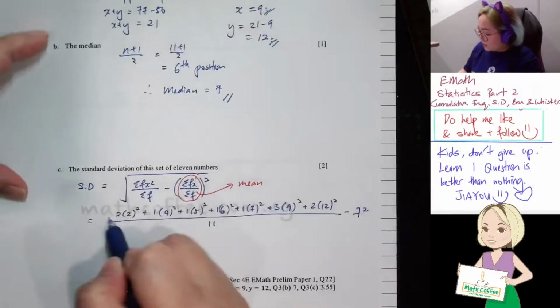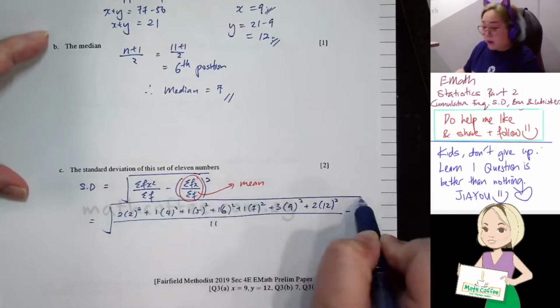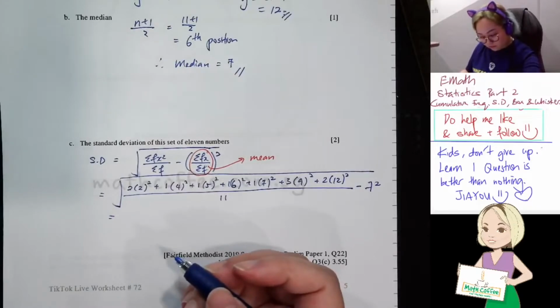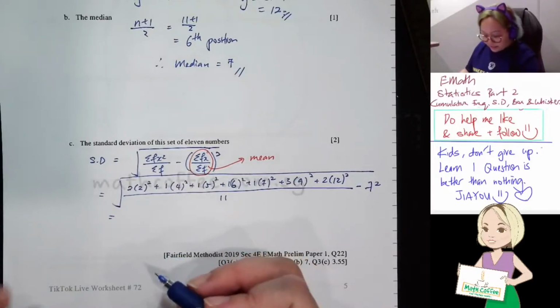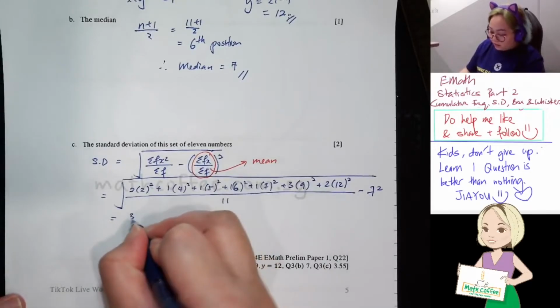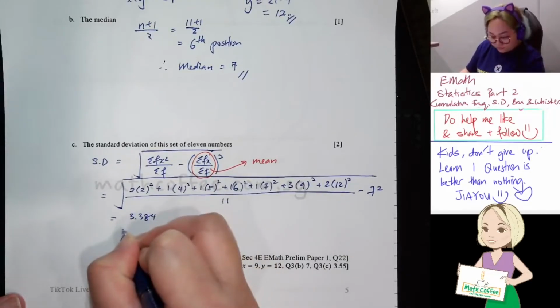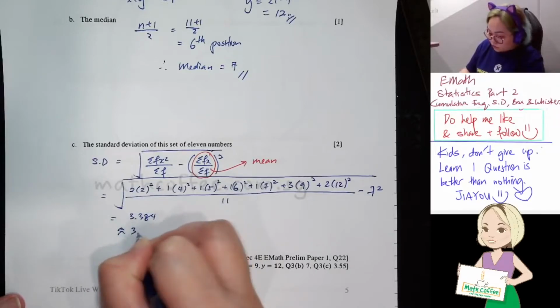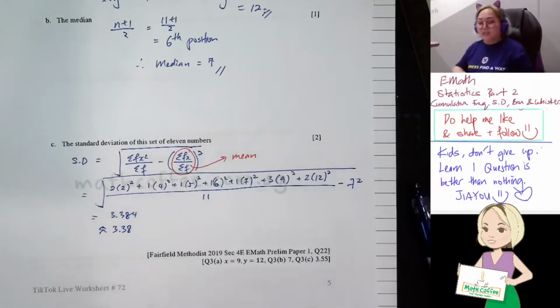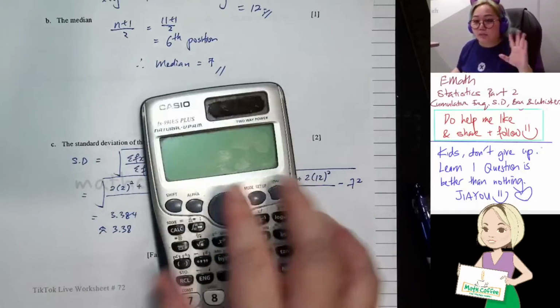And not forgetting, you need to put your square root. So when you press the calculator, what do you get? I actually get 3.384. So it's 3.38. My answer is wrong, but let me just key in again, in case I am blur this morning.